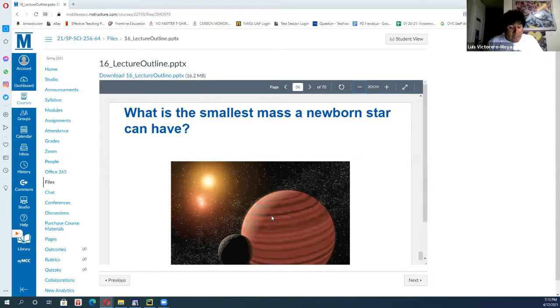Low mass fragments, like for example in that case, just don't have enough mass to initiate nuclear burning, right? So what's the model that we have for these failed stars, or what's the model that we have for a star to be considered a brown dwarf, which is actually a failed star? Jupiter is not a brown dwarf, but Jupiter is a good example of a planet that was close, not very close, but close to becoming a failed star.